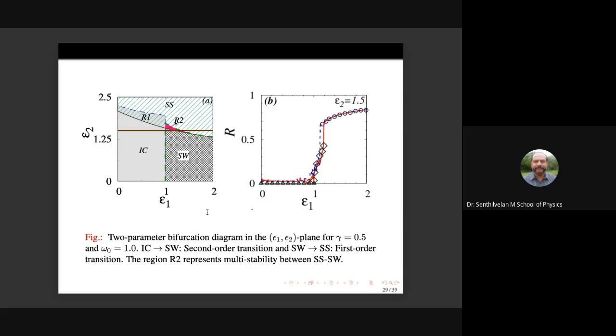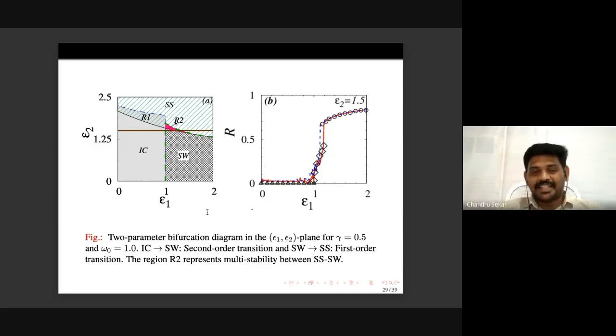Due to the emergence of the first order transition, we have a bistability between the standing wave and synchronized steady state, which is given as the region R2.